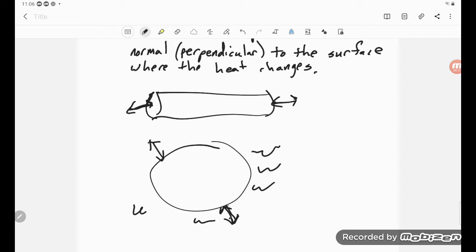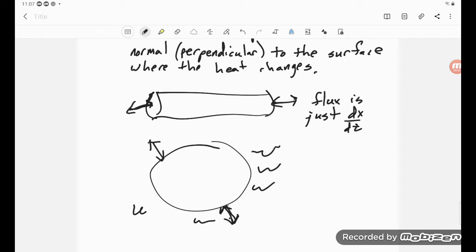But if we just forget about t for a moment, then our flux is just dx dt.